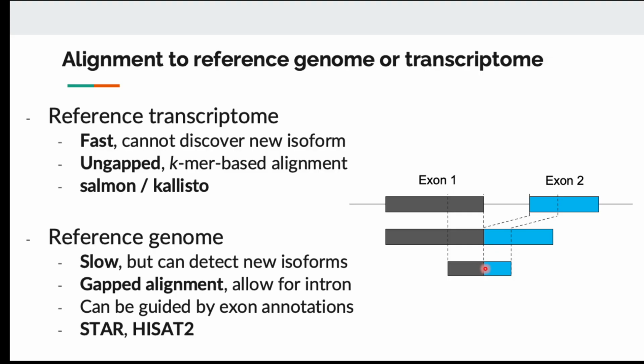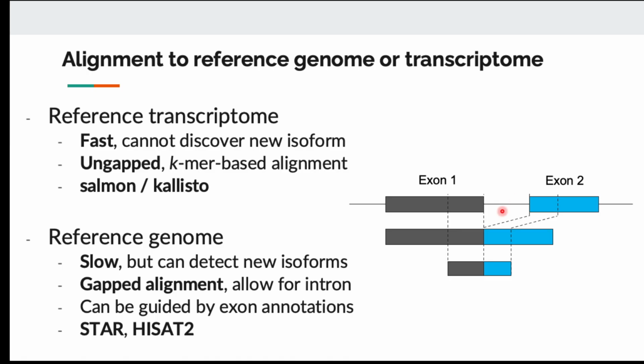But if you want to align your read to the genome, we have seen this before. The software is going to have to assume that if the read maps to a splicing junction, the first part of the read might map to the end of one exon, but the latter half of the read might map to the beginning of another exon. So the algorithm has to consider this possibility.